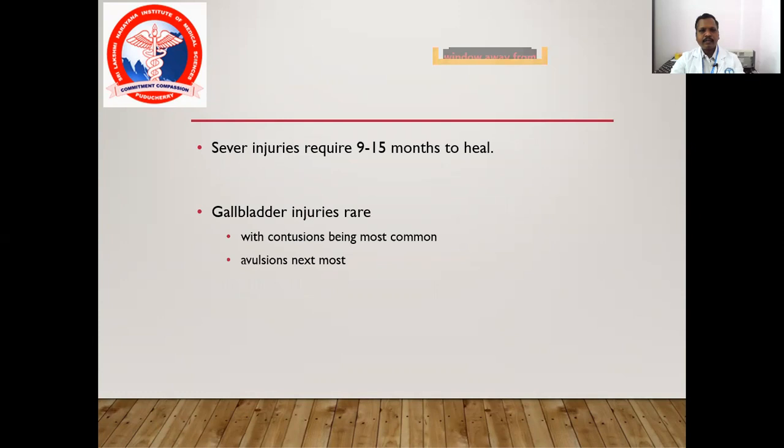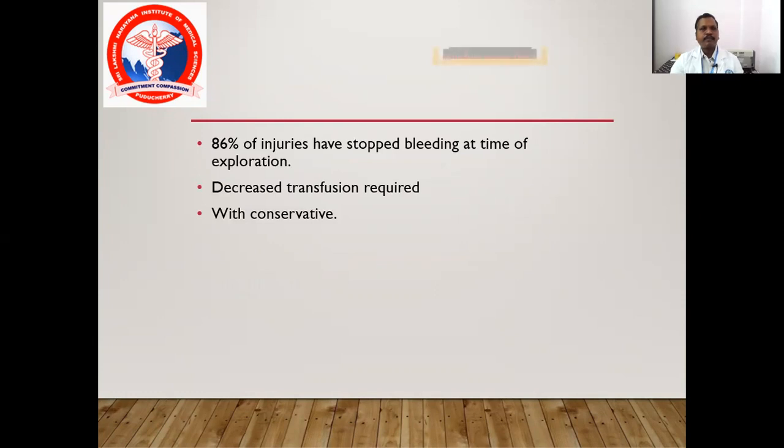Gallbladder injuries can also be seen, most commonly contusion and avulsion. 86% stop bleeding by the time you go to explore and require little transfusion. That's why most of the time we choose a conservative line of management.